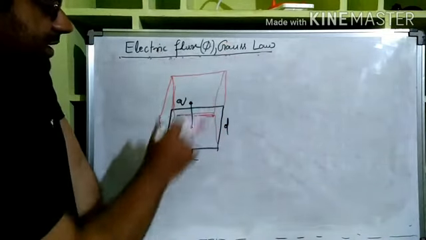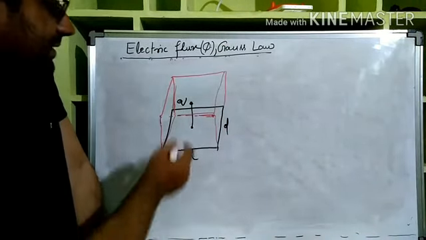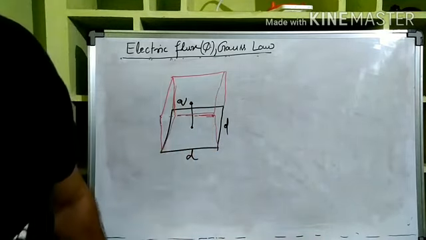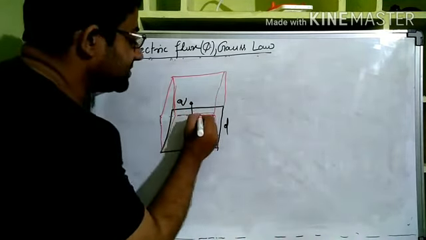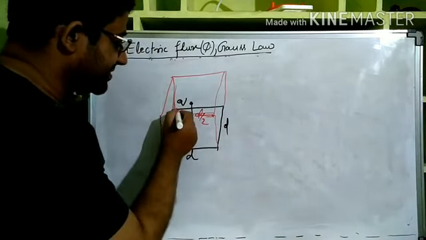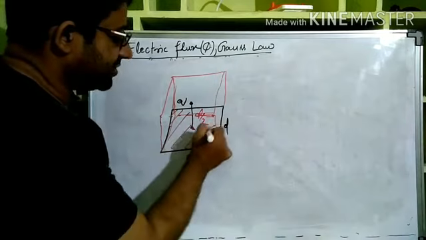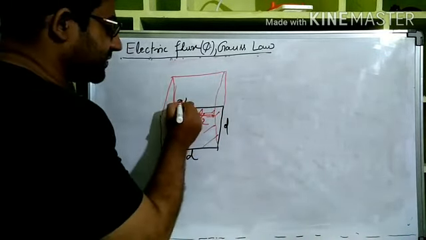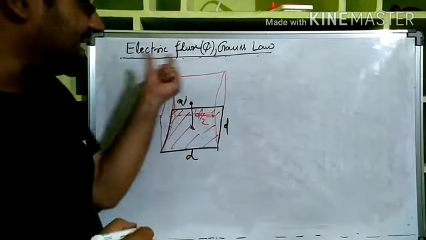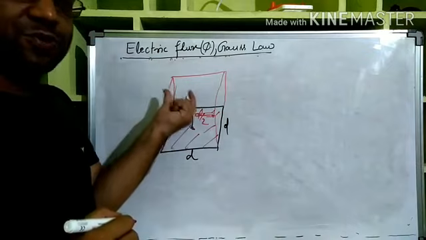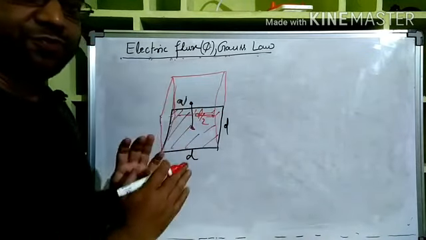When you build one cube over it, then above the surface at a distance of d by 2 the charge is given, right? This side is the base of the cube. So above the base at d by 2 distance, if a charge q is there, this q is enclosed in the closed surface, which is the cube we have imagined.